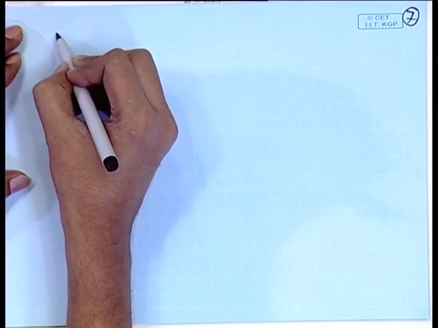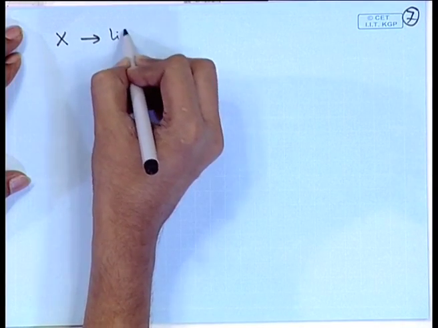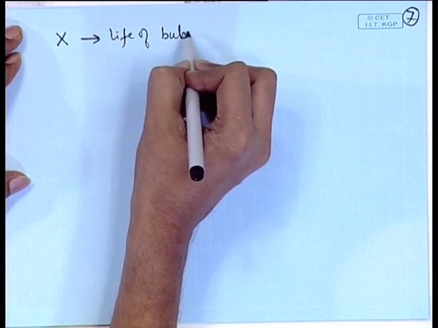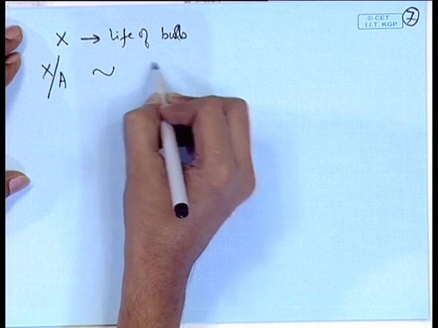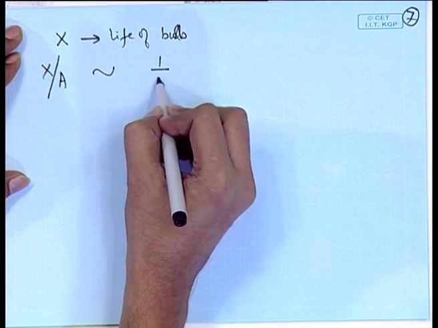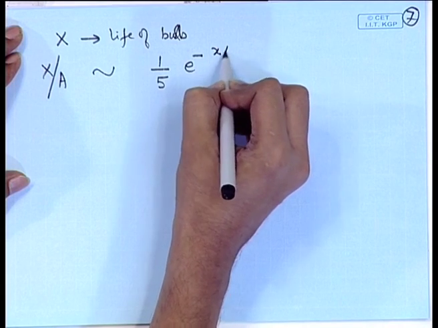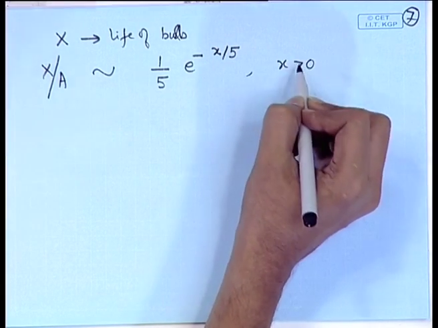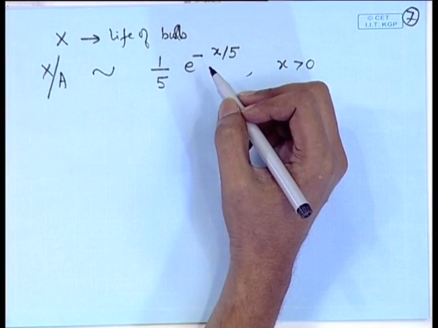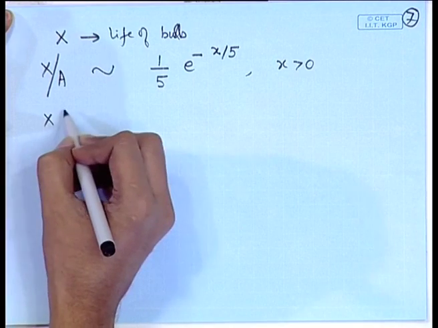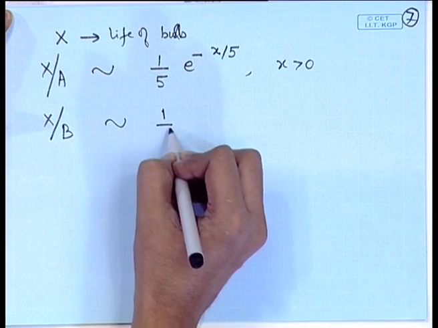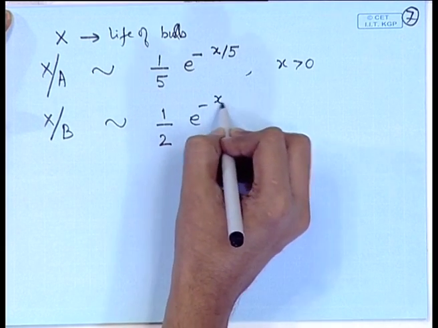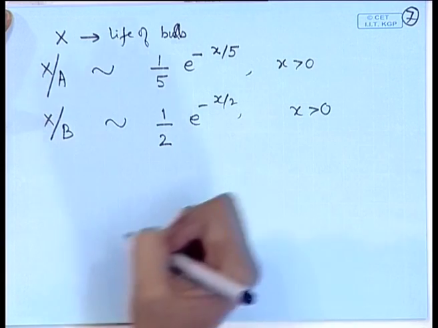So, if we are considering x as the time or life of a bulb, then x, given that it is produced by plant A, has a density 1 by 5 e to the power minus x by 5 for x greater than 0, and of course, 0 otherwise. If we are considering the bulb produced by plant B, then the density function is half e to the power minus x by 2 for x greater than 0.